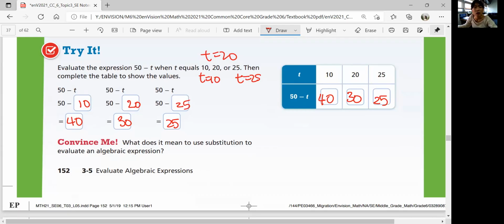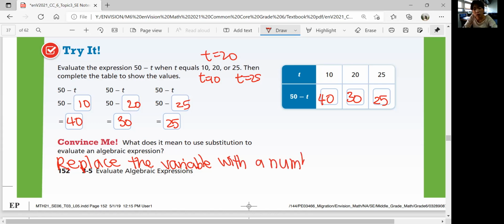What does it mean to use substitution to evaluate an algebraic expression? What is substitution actually doing? You're really replacing the variable with the number. And then what?